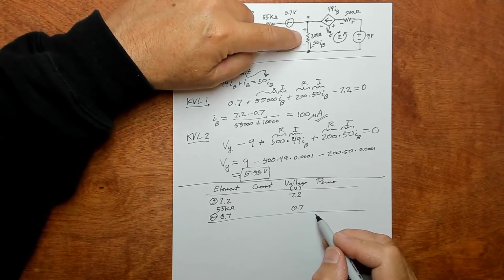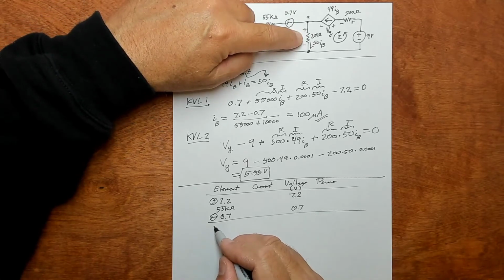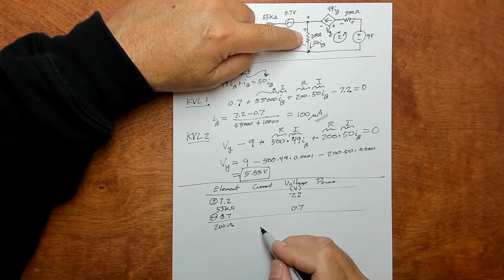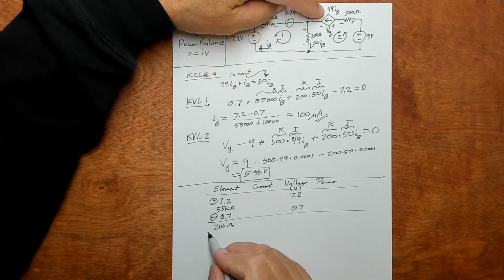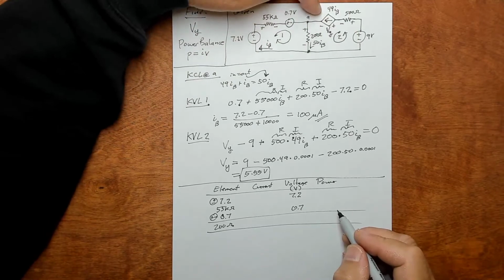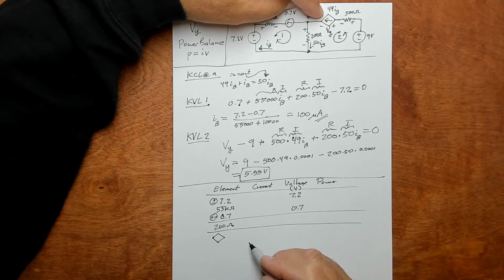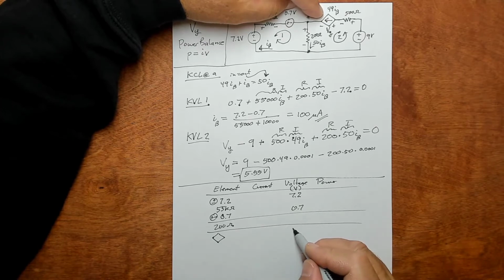Then I've got this one in the middle, the 200 ohm resistor, and then I've got these three over here. I've got this one, and the voltage in that one was 5.5.